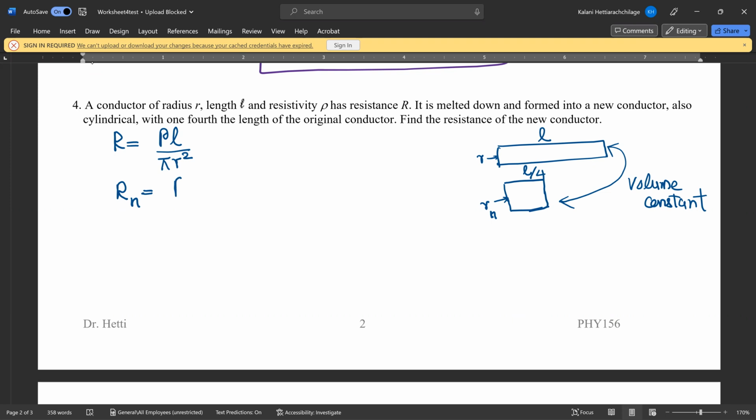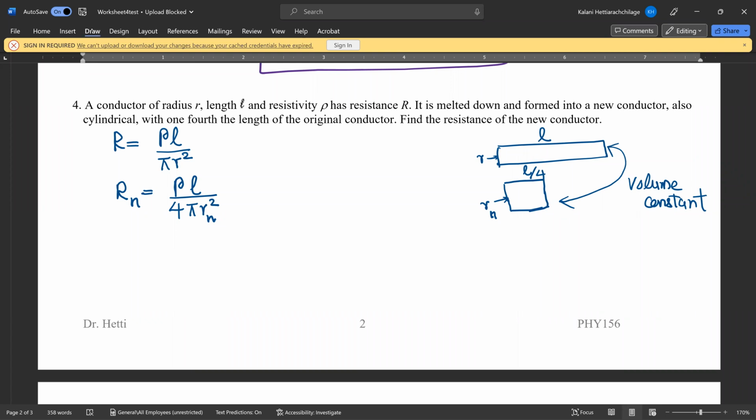You change the length into L over 4, so the 4 goes to the denominator, and then I have pi R new squared, right?